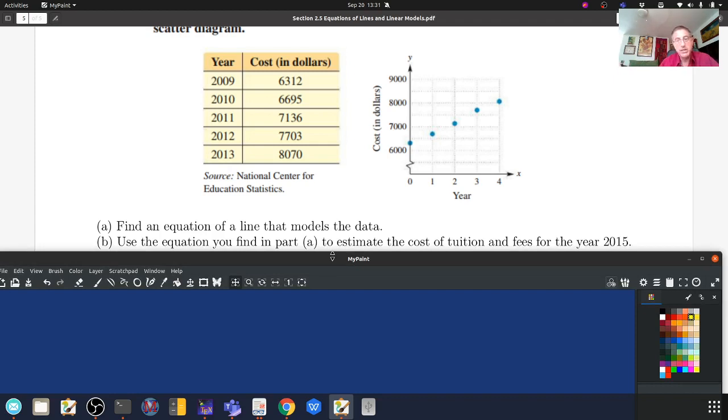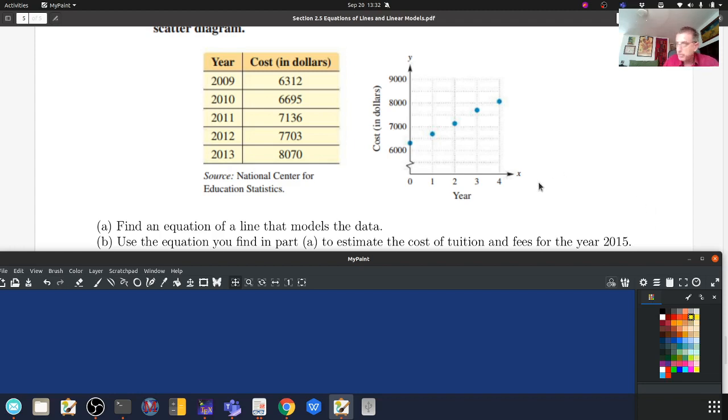Now the question is, should you choose the first point and then the last point, and will that better estimate it? Or should you choose the point at the third year up and then choose the point at these 2 points of data right here? Each different choice will give you a different estimate.